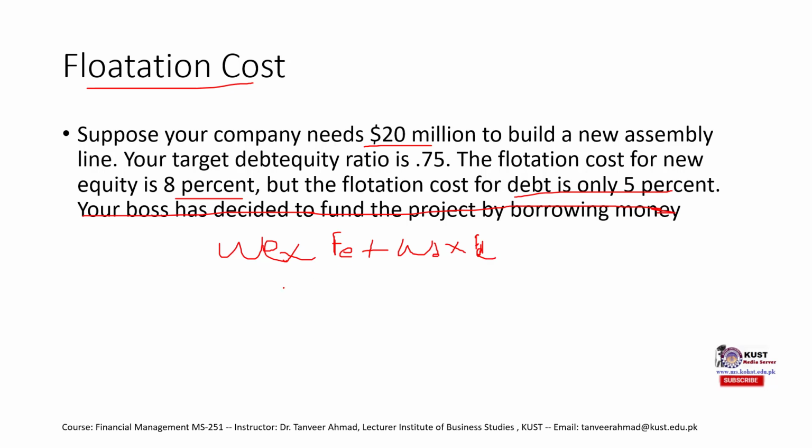Okay, so what is the weight? Again, the debt to equity ratio is 0.75. So 0.75 for each $1 of equity.